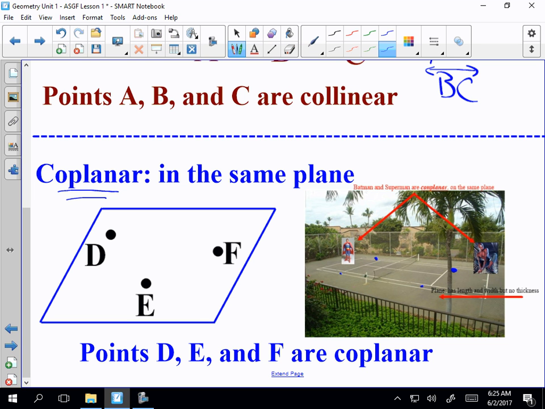But anytime a ball is hit back and forth, we have to understand that that ball is not on the surface plane. So we've got the players on the surface, which would be coplanar. The ball exists in another plane, a higher level, so it wouldn't be coplanar with the individuals that are playing the game.